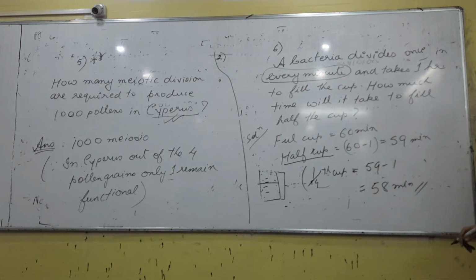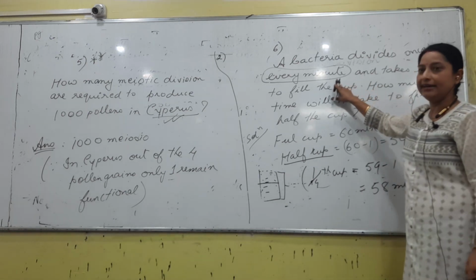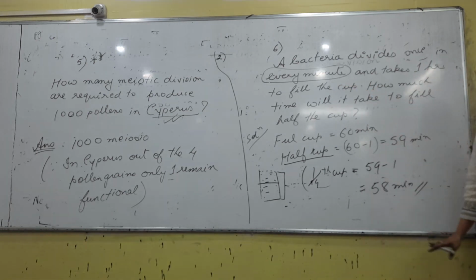In every 2 minutes, if the question is asked like that, a bacteria divides once in every 2 minutes, then how much minus, minus 2, plus 2. If the question says a bacteria divides once every minute, minus 1, plus 1. Right? Maximum cases come like that, 2 minutes or generally such questions don't come.